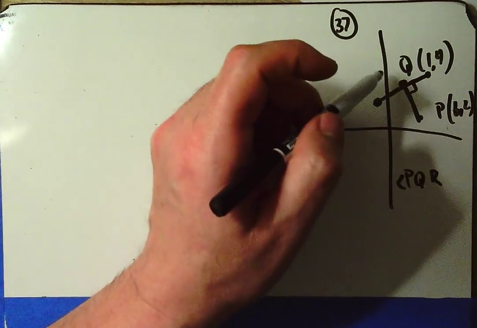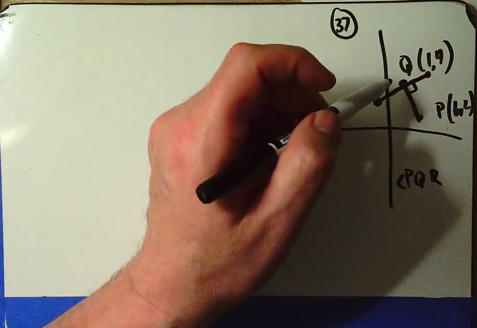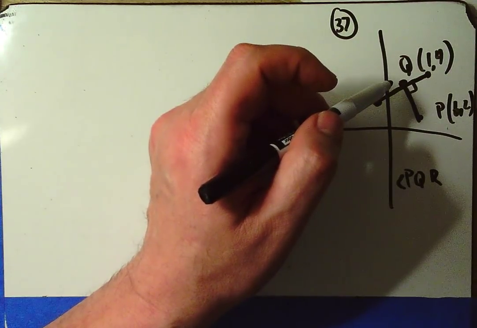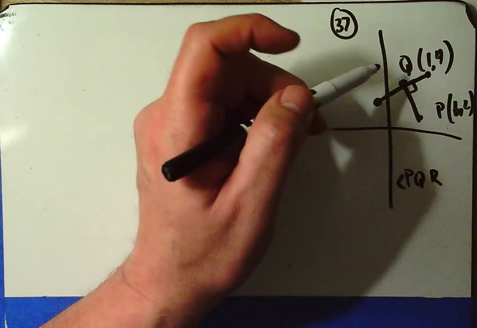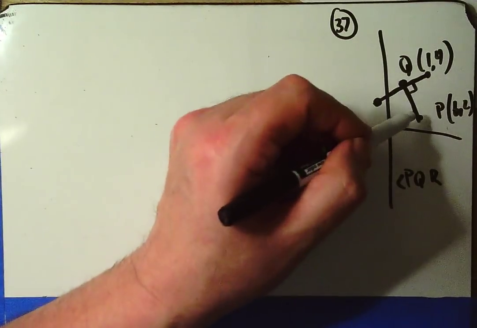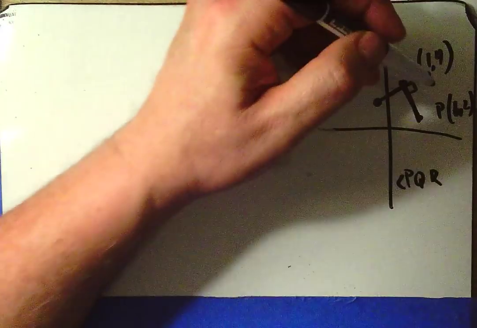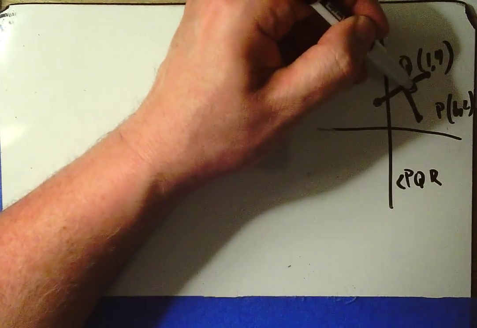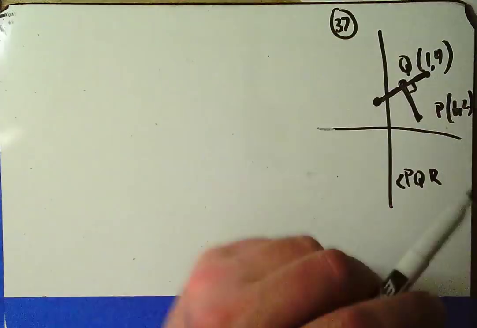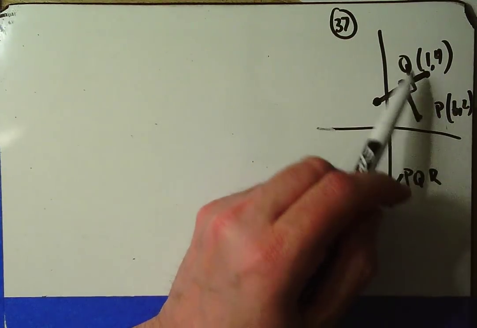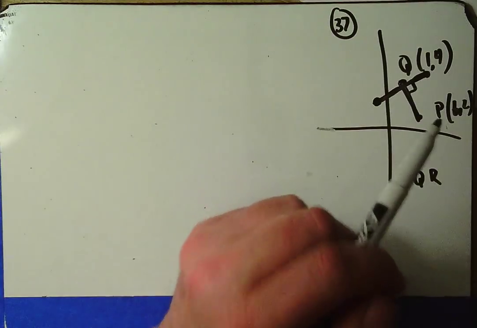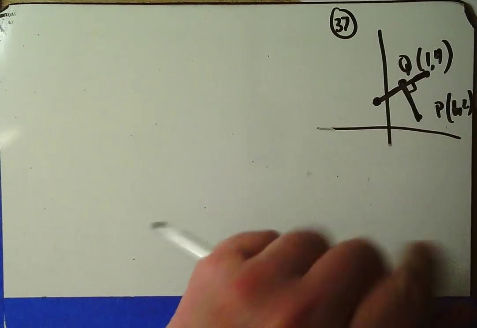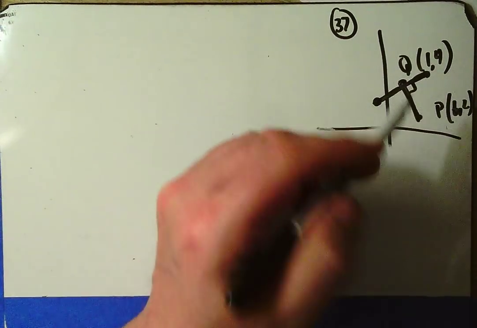What I know about this right angle has to do with slopes. Because these segments are perpendicular, these slopes have to be opposite reciprocals. So let's find the slope of QP.